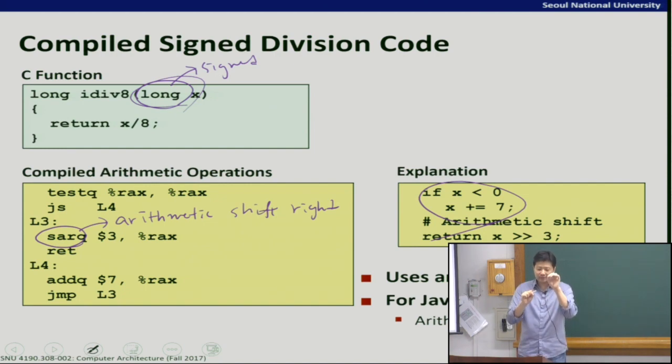When you calculate the quotient and remainder, the remainder must always be a positive value, right? So if you want to divide a negative value by 8, you first add 7 to this value, and then you divide it, so that in effect this adds 1 to your quotient value.